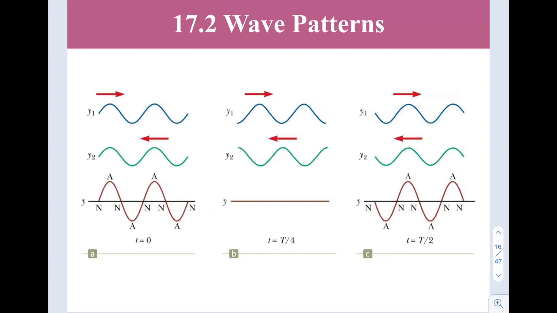This is the wave pattern, figure 17.8. If you see here, we have two waves, y1 and y2, traveling in opposite directions, and they are going to combine. Let's say they meet up within the same medium. So y1 having a crest meets y2 having a crest as well at this instant, producing an antinode here.